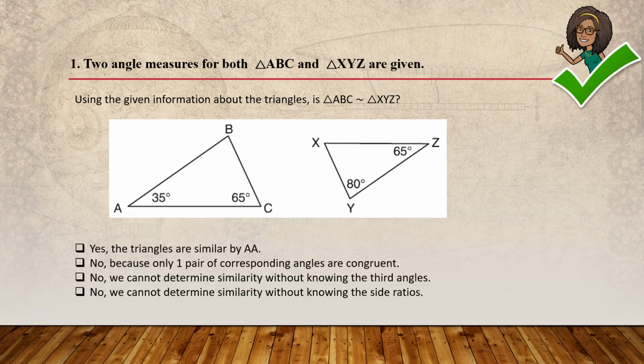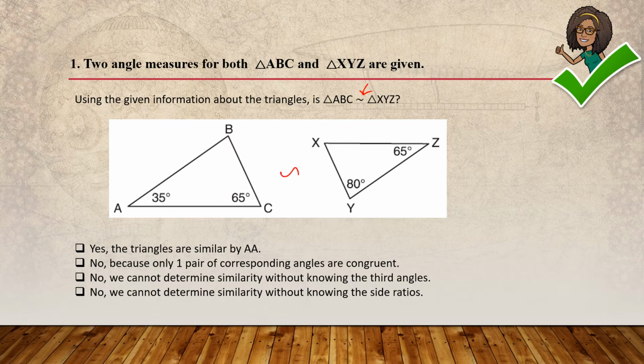All right, so let's look at number 1 for SRT 1.2. It says 2 angle measures are given for both triangles ABC and XYZ. And we want to use this information to show that these 2 triangles are in fact similar. So remember, this little sign right here means similar. All right, so if I recall, 2 triangles must be similar if 2 things are true.